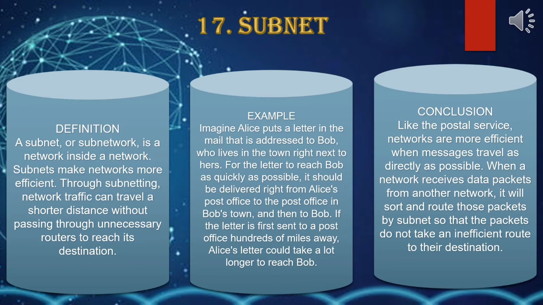For conclusion, like the postal service, networks are more efficient when messages travel as directly as possible. When a network receives data packets from another network, it will sort and route those packets by subnet so that the packets do not take an inefficient route to their destination.